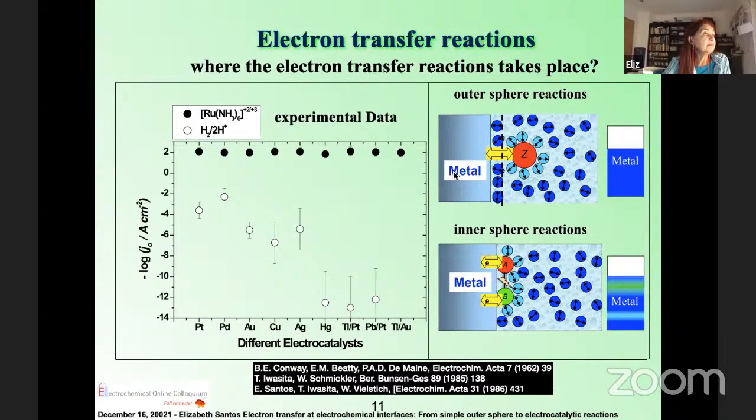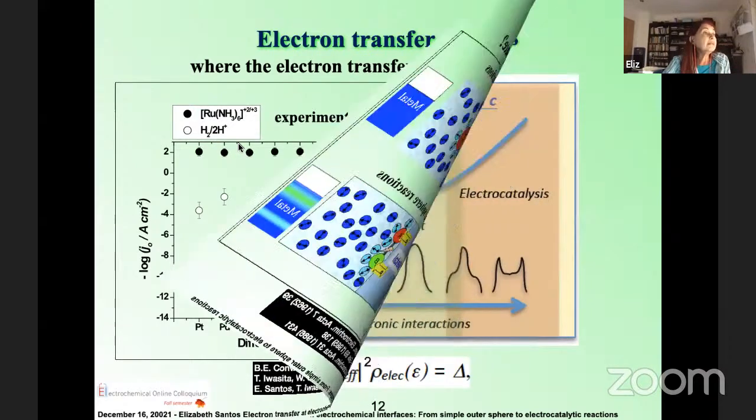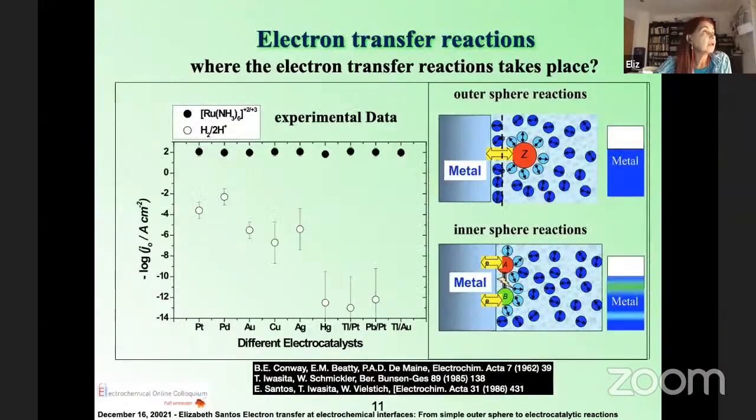Experimentally we see that there is no dependence on the electrode material; the rate constant is similar for all types of electrode. On the contrary, in the case of inner sphere reactions, for example the hydrogen evolution reaction, there is a very strong dependence on the electrode material. And we see here many orders of magnitude between the different materials.